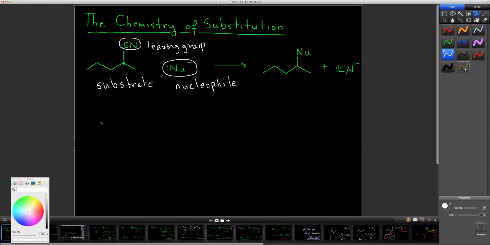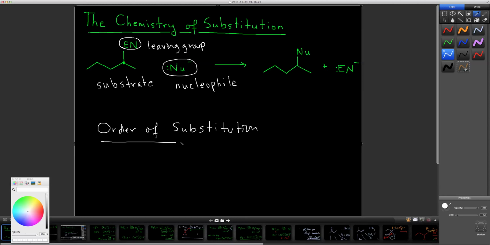Now, we have discussed previously that there are 3 different scenarios that we can envision in which this process occurs. So really the differences in mechanism is going to be the order of substitution. And what I mean by order of substitution is what happens if we're to view this process as a movie.